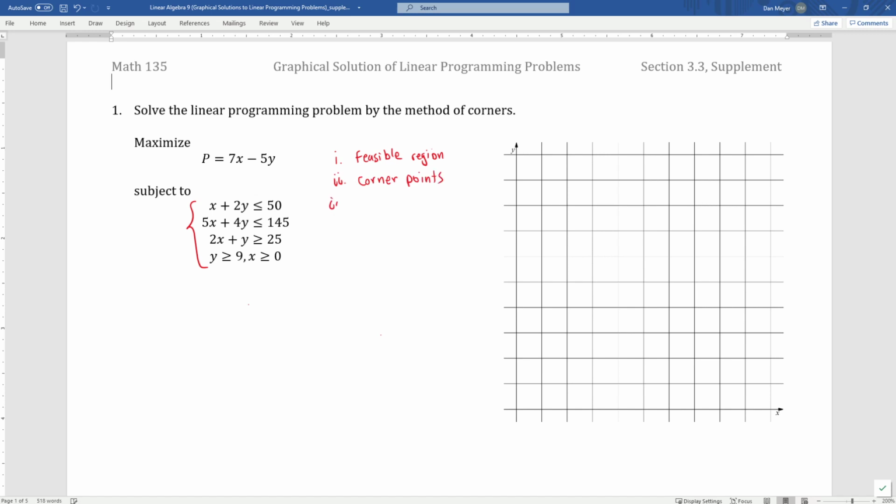In step 3, we're going to take our objective function and evaluate the objective function, abbreviated OF, at the corner points. And then the last step is identify the max or min that you're looking for.